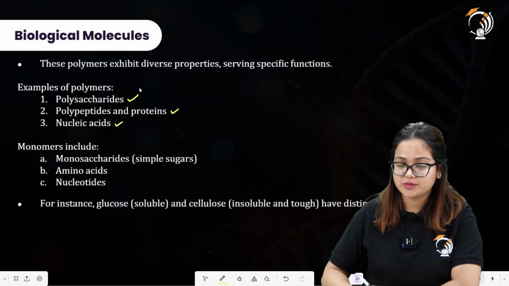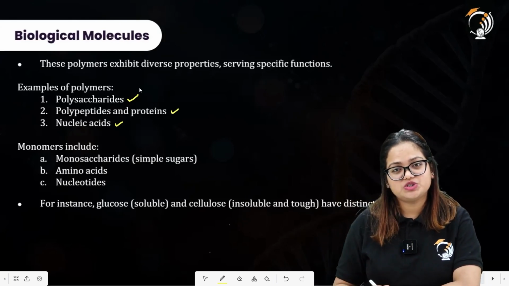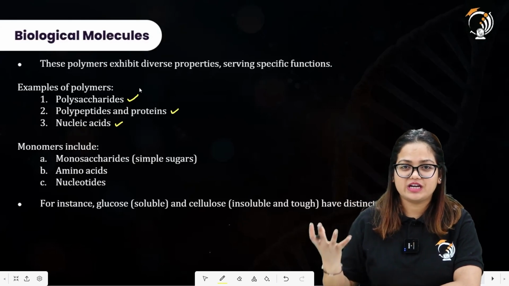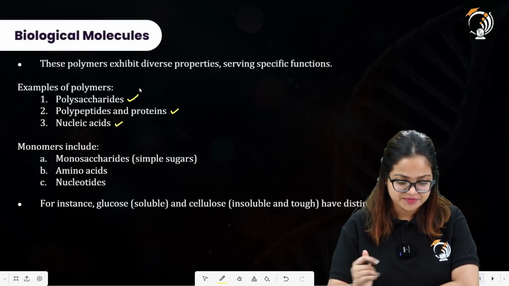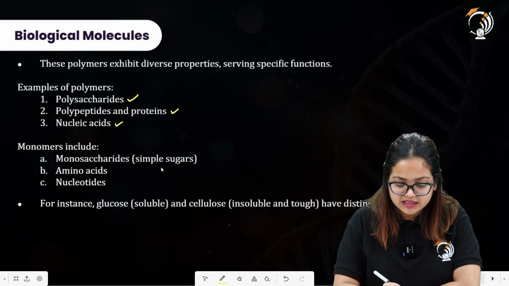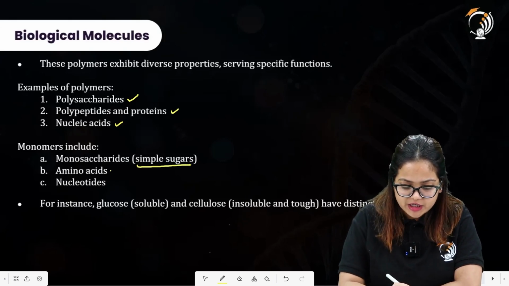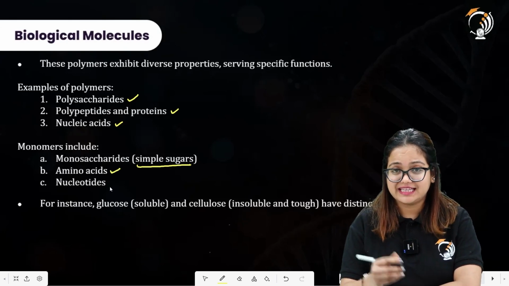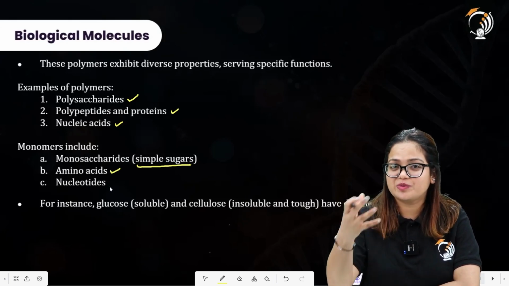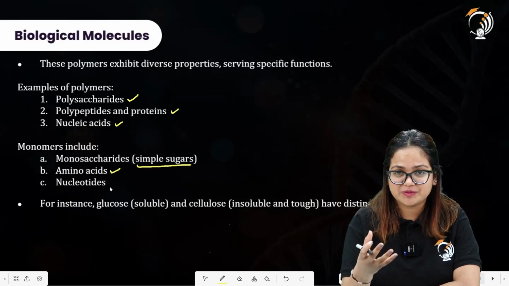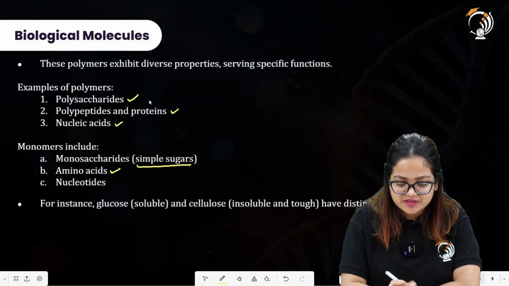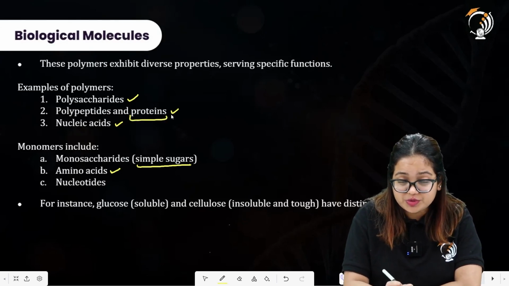Then we have monomers that combine with each other to make a bigger or larger unit, that is a polymer. Monosaccharides, these are simple sugars. All right. Amino acids are also monomers. They link with each other to form the protein molecule, that is a polymer. And you have already just seen this word protein over here.